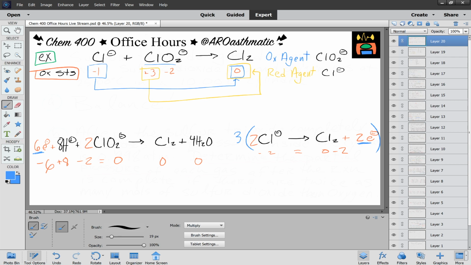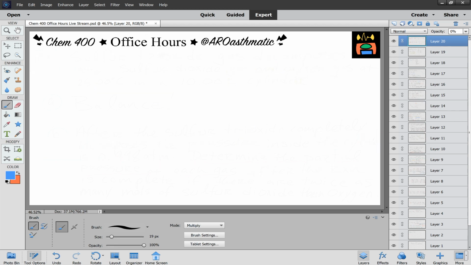So this will change things to 6 chlorides becoming 3 chlorines and producing 6 electrons. Now that we are producing the same number of electrons that are being consumed, we're ready to recombine these two together into a balanced chemical equation.